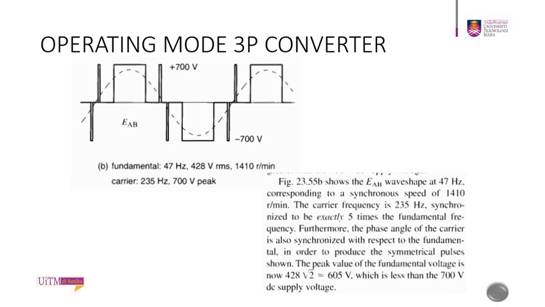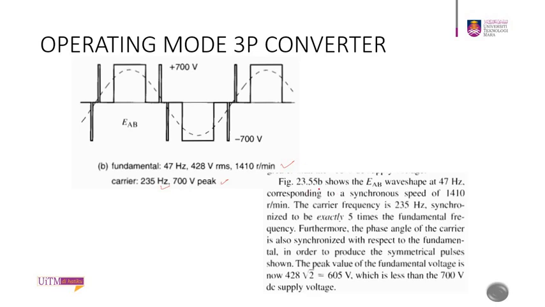Another example, when you change the parameter. In this case, it's 1410 RPM, and the fundamental frequency is 47 hertz. The voltage is slightly lower, so it's a V/F condition. You reduce the frequency, so the voltage will also reduce. The carrier voltage will not change, but the frequency will change a little bit.